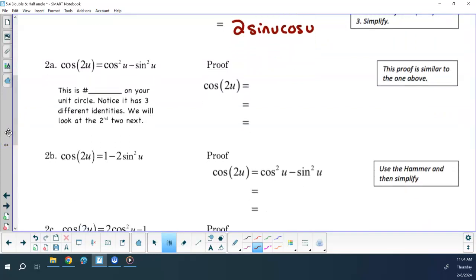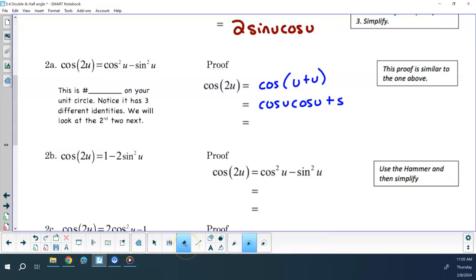So here, cosine of 2u would be cosine of u plus u. So then that would be cosine u, oh, excuse me, should be minus because this one is opposite. Minus sine u. And then that becomes your cosine squared of u minus sine squared of u.